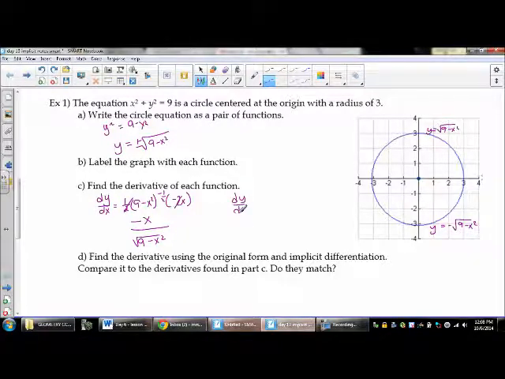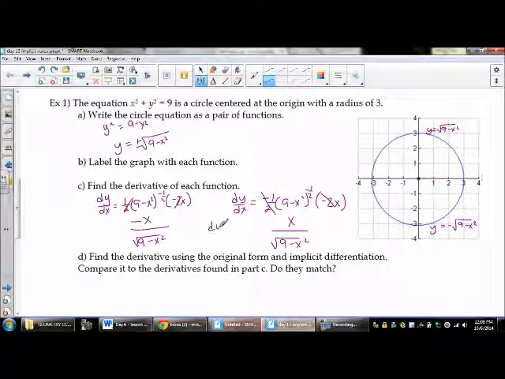And if I take the derivative of the negative guy, dy/dx, I'd have negative 1/2 (9 minus x squared) to the negative 1/2 times negative 2x. And then those guys cancel, and I have x over the square root of 9 minus x squared. So dy/dx can technically equal either of these things, depending on which half of the circle I'm really talking about. So fine, no big deal there.